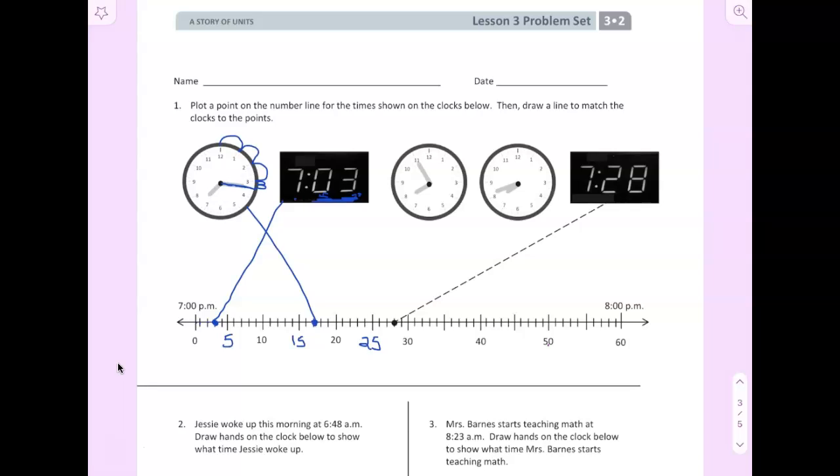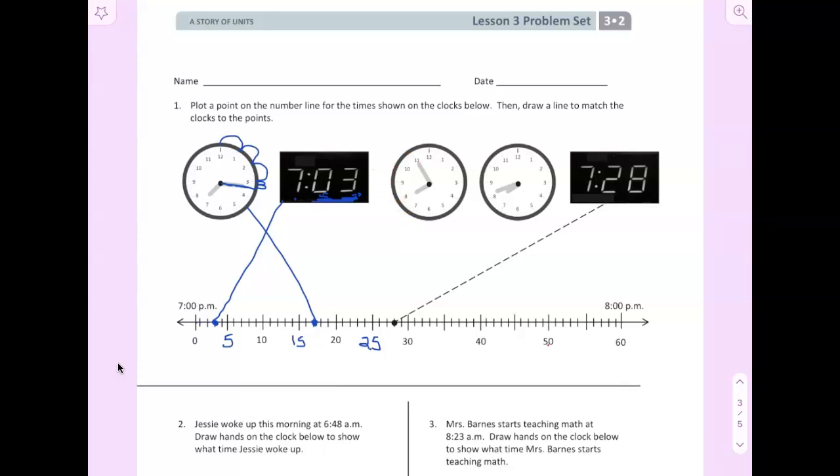Next, on this one, some of you might already remember that 12 is 60 minutes, so 5 less than that would be 55. But if you don't, you can always count by 5s the whole way around 30, 35, 40, 45, 50, 55.